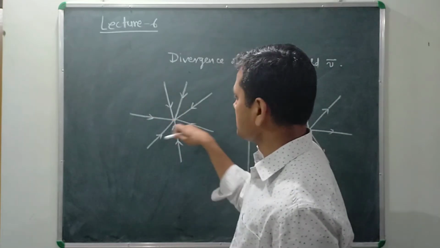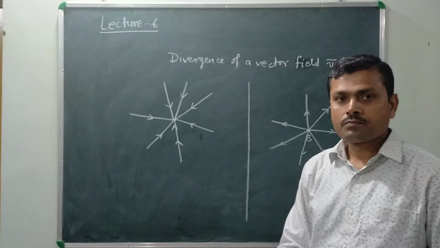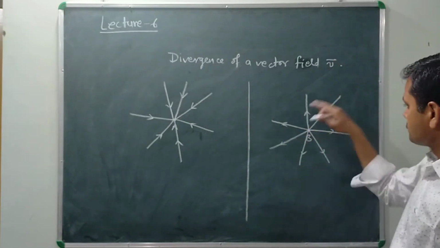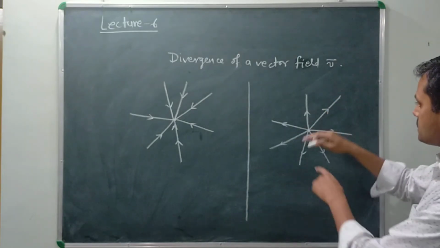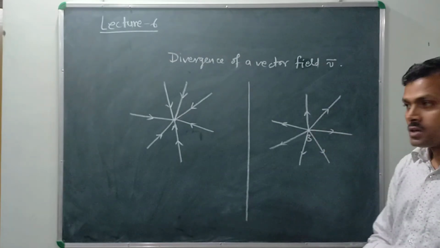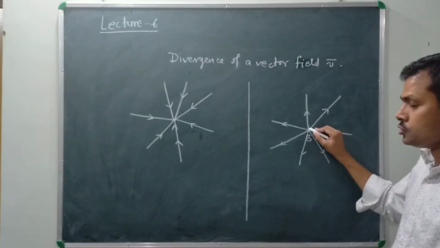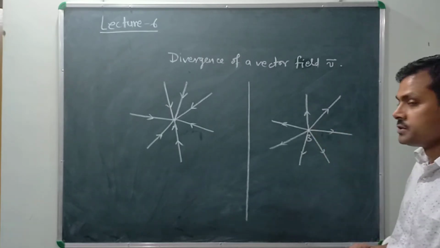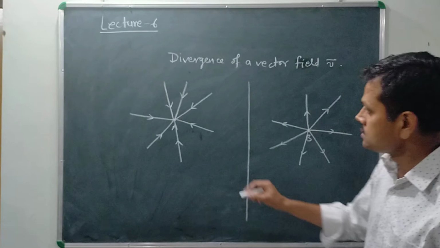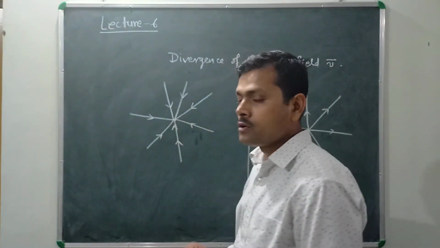In this figure, field lines are converging at some point, whereas in this figure, the field lines are spreading from this point B. This point B may be assumed as the source of field lines, whereas this point A is the sink of field lines.